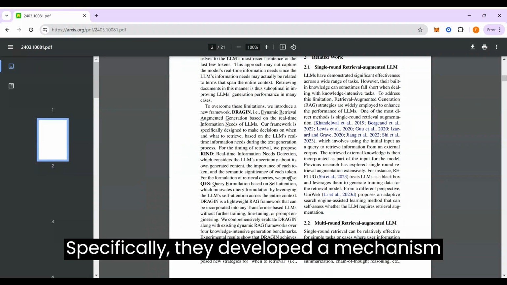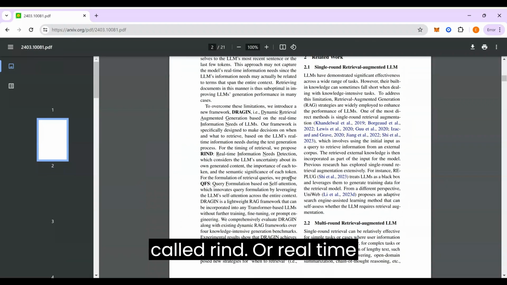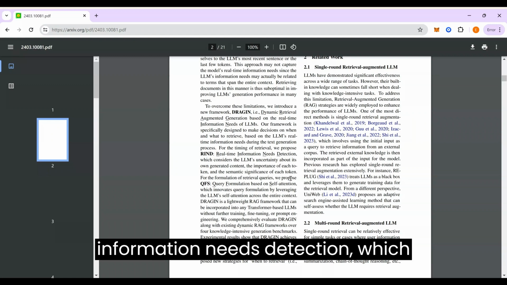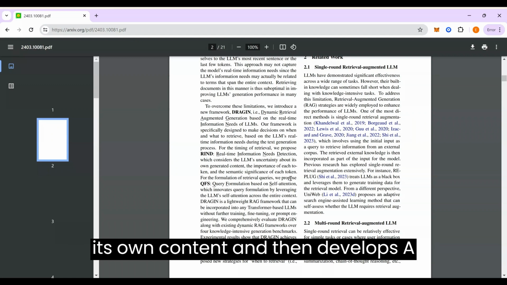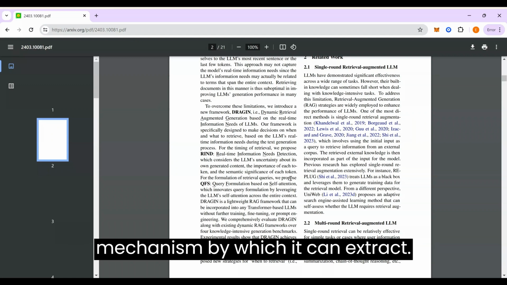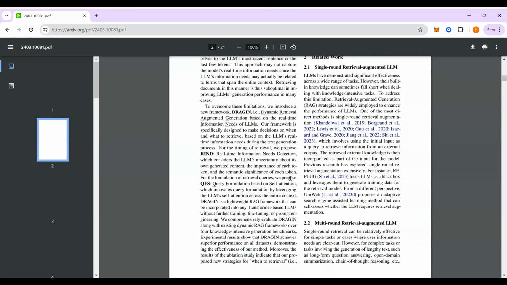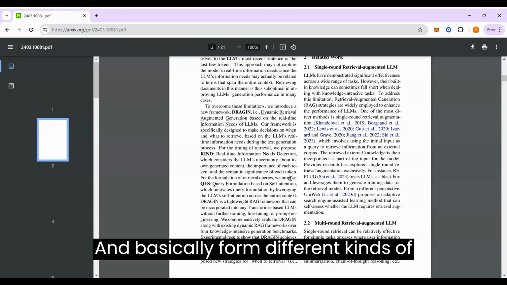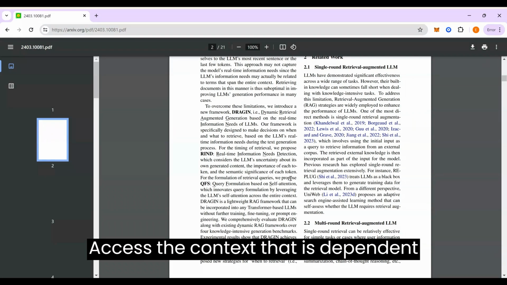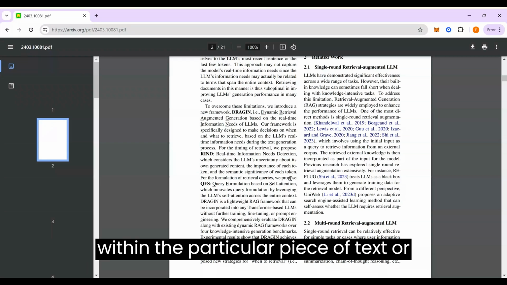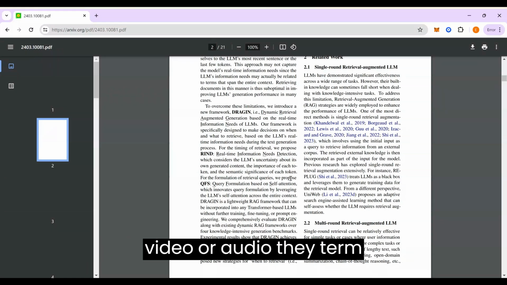Specifically, they developed a mechanism called RIND, or real-time information needs detection, which assesses the uncertainty about its own content and then develops a mechanism by which it can form different kinds of queries that would be able to access the context that is dependent within this particular piece of text, video, or audio.